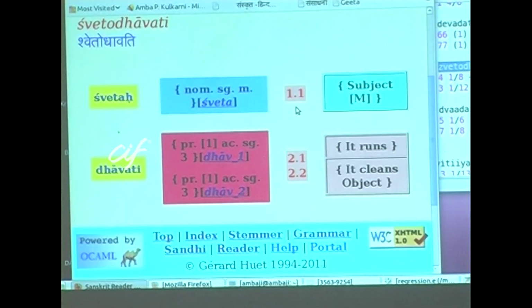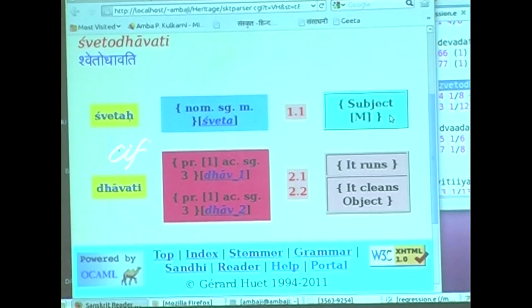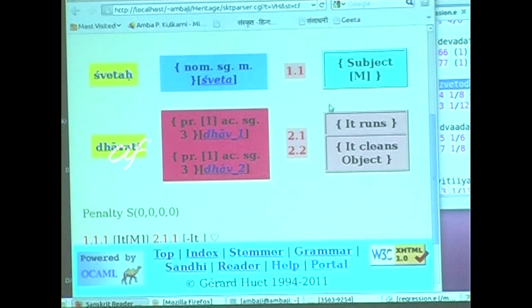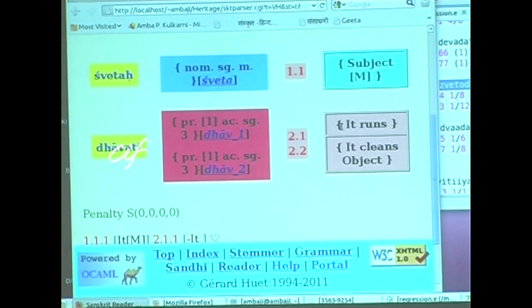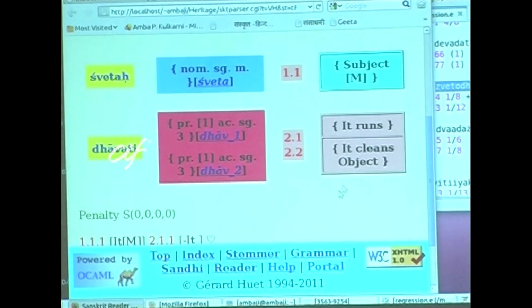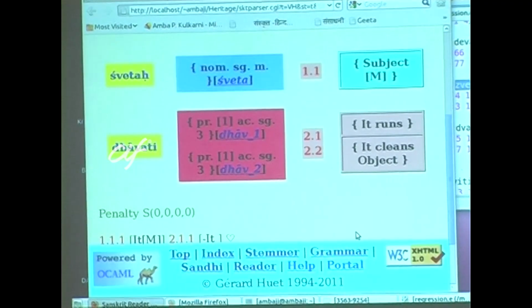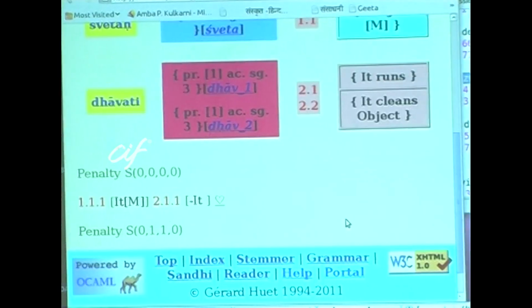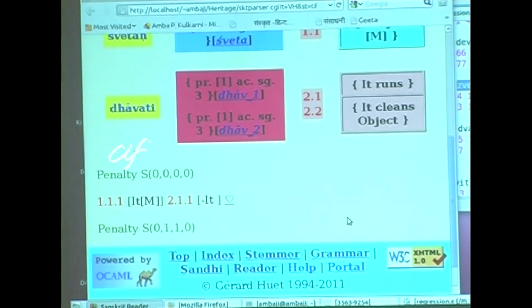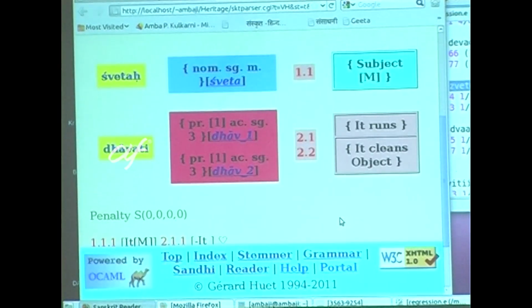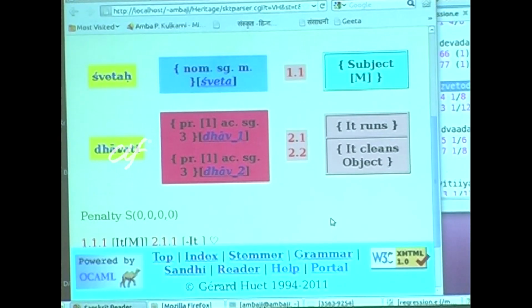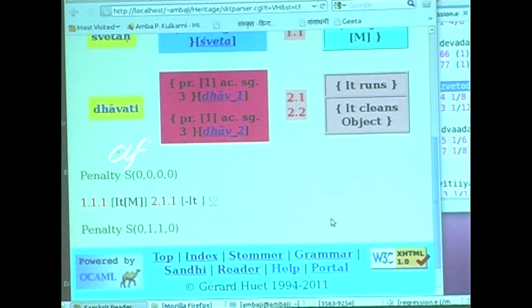Okay, so it finds Shweta may be the karta, and Dhavati, maybe it runs or it cleans an object. And look at the penalty computation. There are two ways of interpreting this karaka.